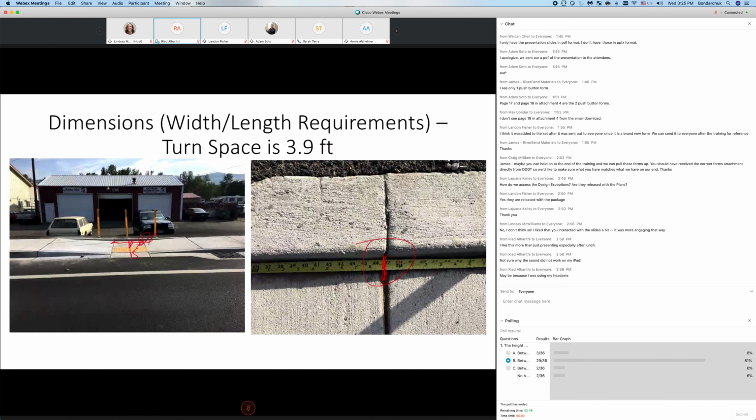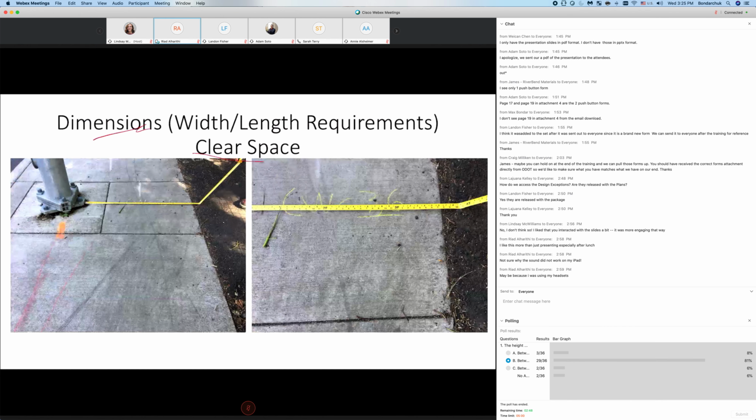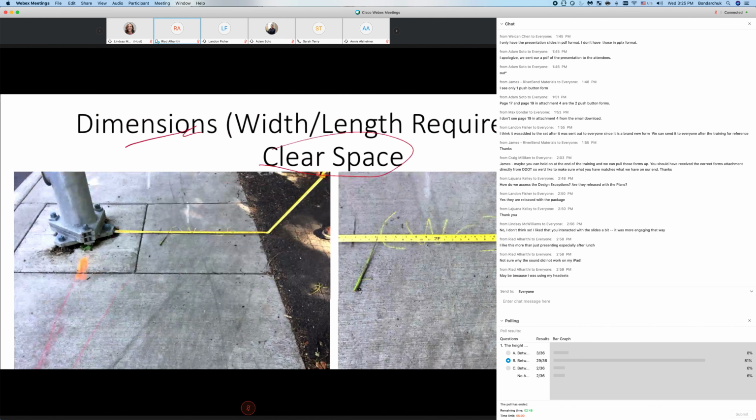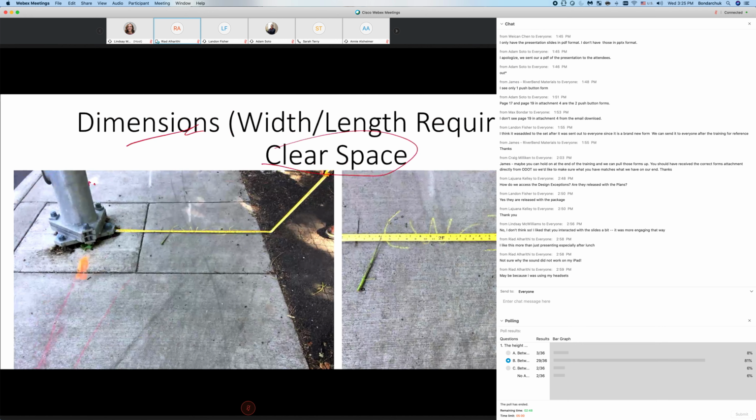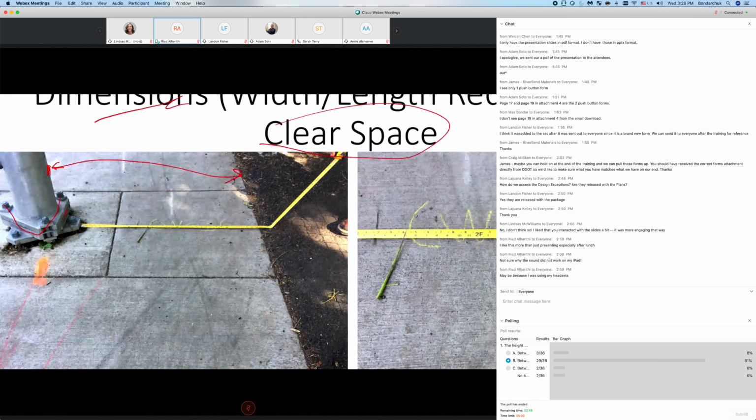Another dimension issue is the clear space. When designers, and quite often I myself was in that position, check, okay, I'm going to come from the face of the pole here. I have my 4 feet, but once you come back and look at the configuration of the base, that would give you less dimension.